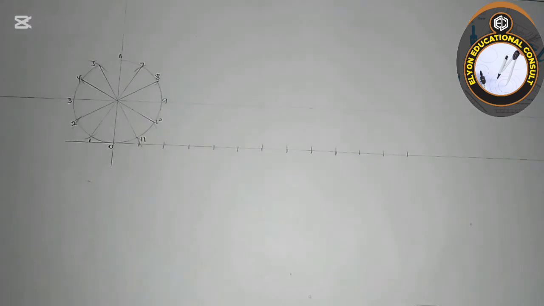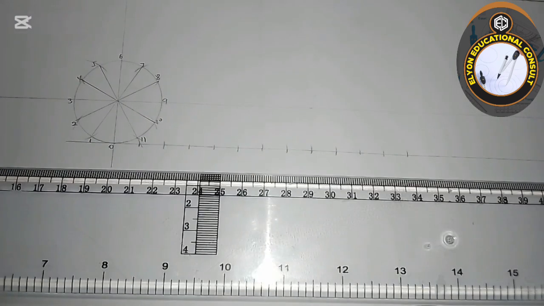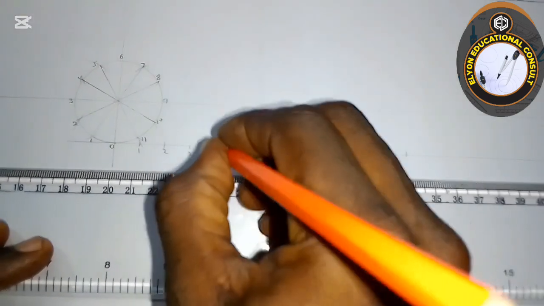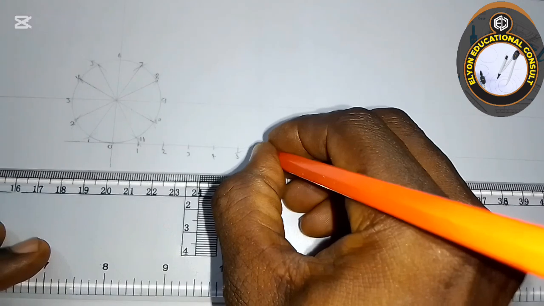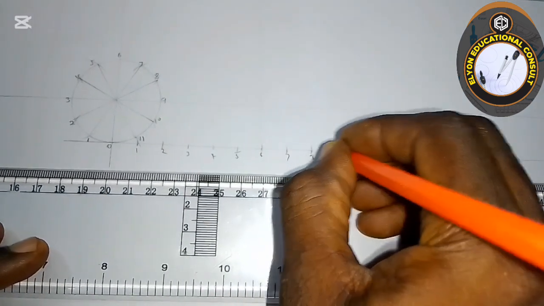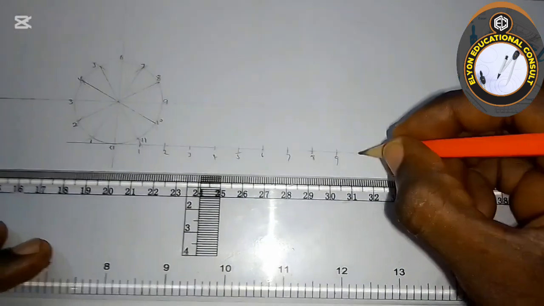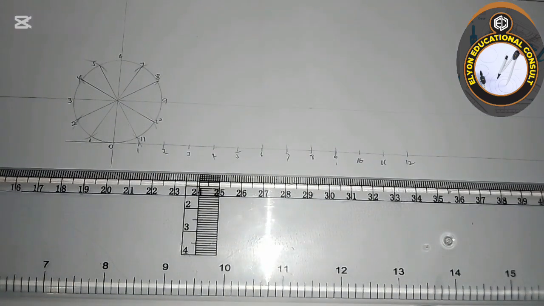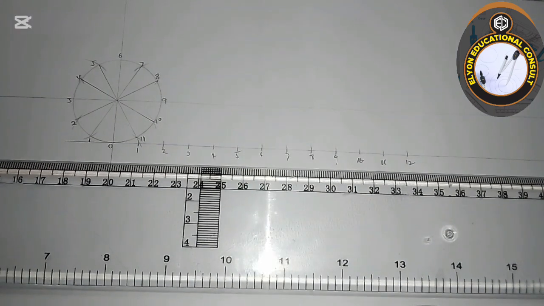Okay, so we're going to draw verticals. Let me number them. This is 1, 2, 3, 4, 5, 6, 7, 8, 9, 10, 11, and 12.